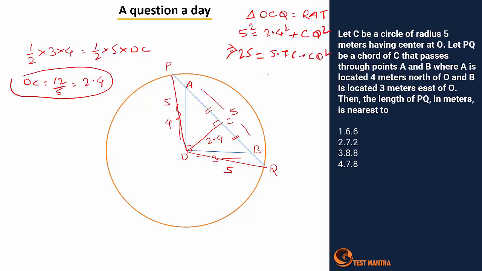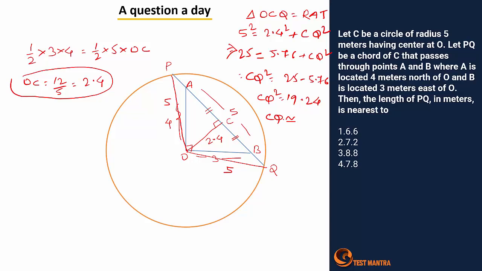So I can say CQ square is 25 minus 5.76 here. So the value of CQ square is 19.24. So that represents CQ approximately. Let's talk about approximately this value.